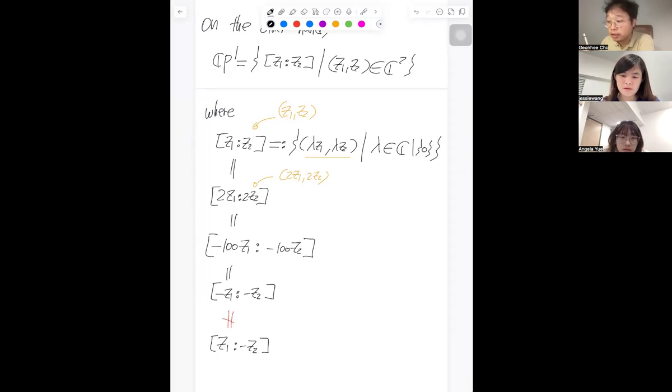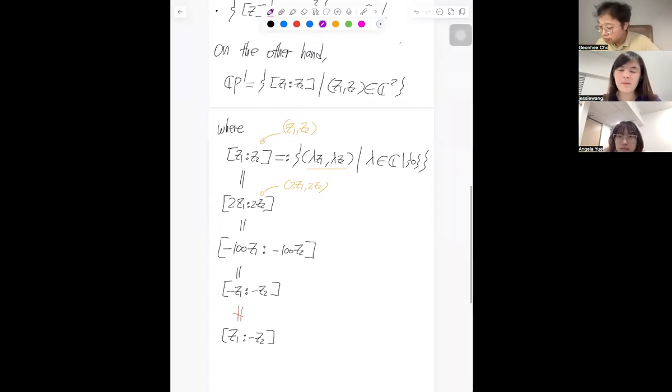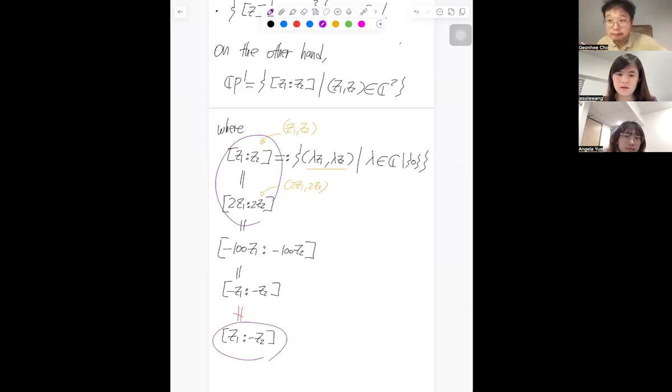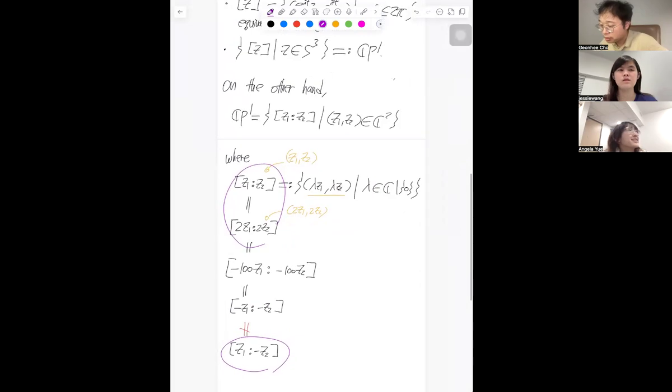So there's no way to go from one to the other by multiplying by some non-zero complex value. Does that make sense to you? So you need to understand why these are the same, and why this is not the same. Let me know if you have difficulty convincing yourself that this is not the case. Let me just make sure.